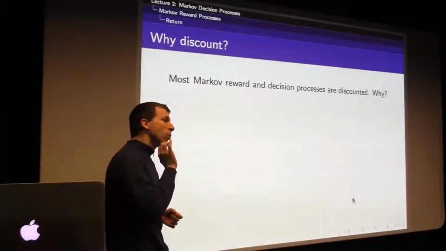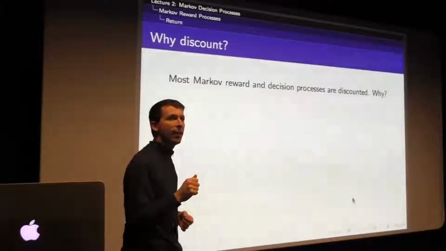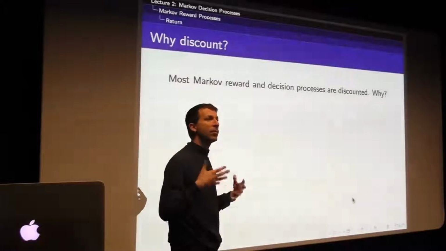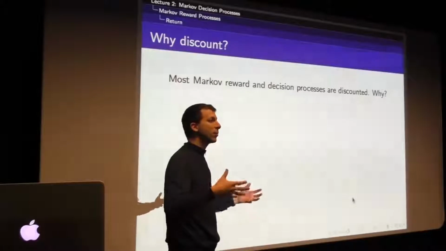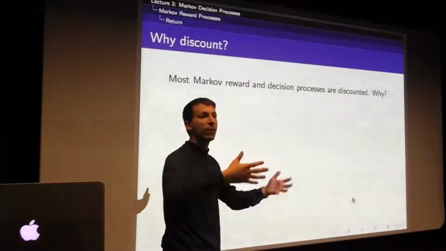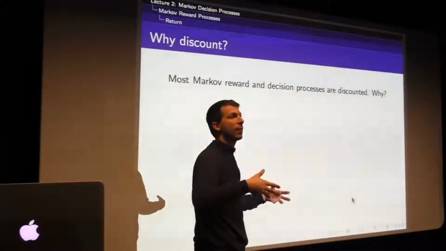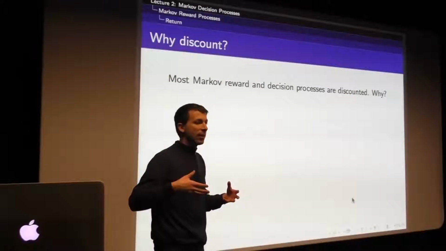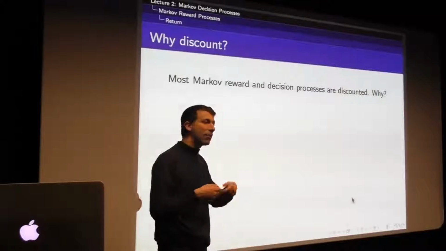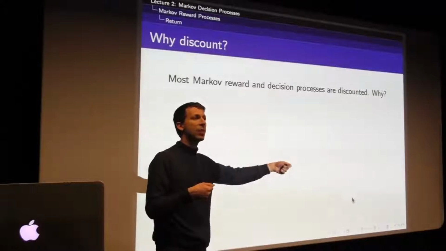One reason to use a discount factor is to represent the fact that we do not have a perfect model. If you imagine that we're building a Markov reward process to model the environment, but we don't have a perfect model of the environment. So we think we've come up with some great plan. We think we know exactly how much reward we're going to get into the future.